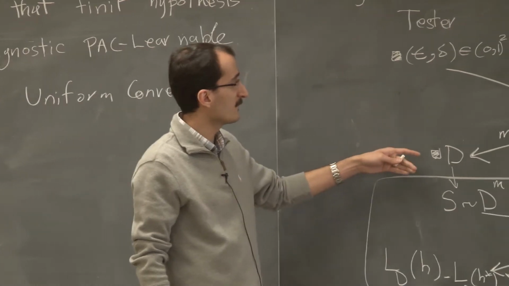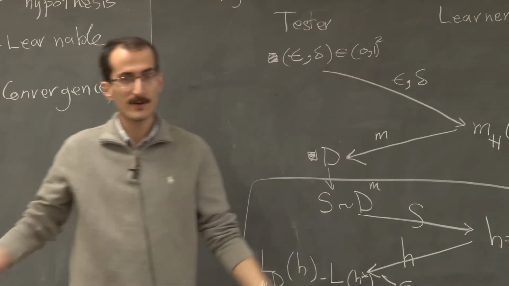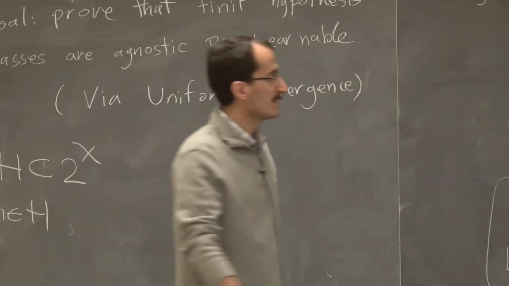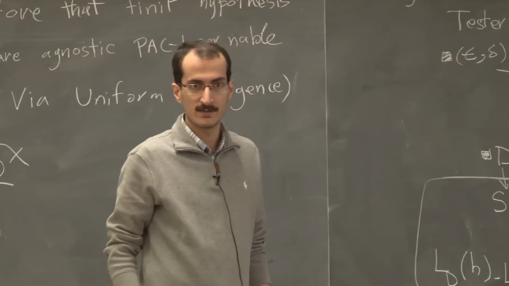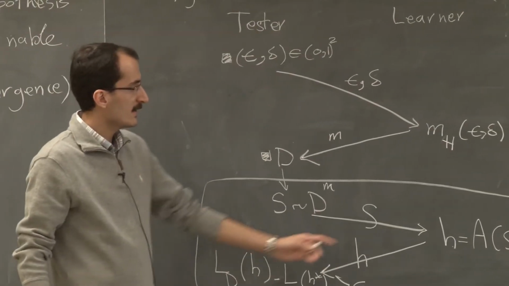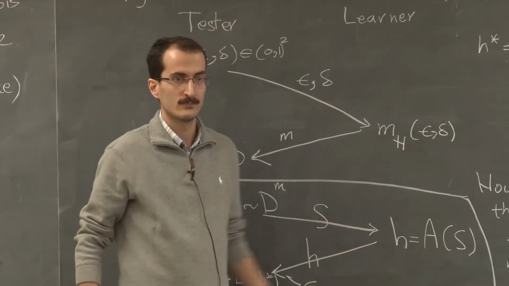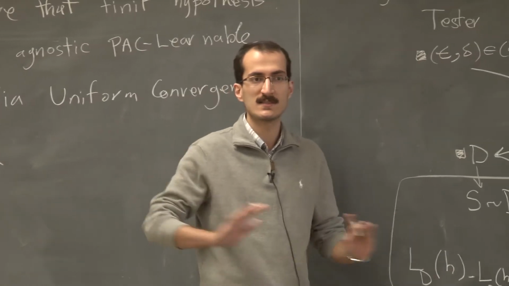And if for every distribution and for every epsilon and delta in this range it works, then we say that this was a true agnostic learner with sample complexity M and with the algorithm A. So there is such an algorithm. So if only one algorithm exists, we say that it's learnable.